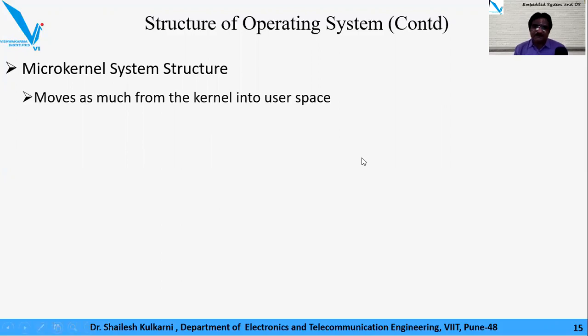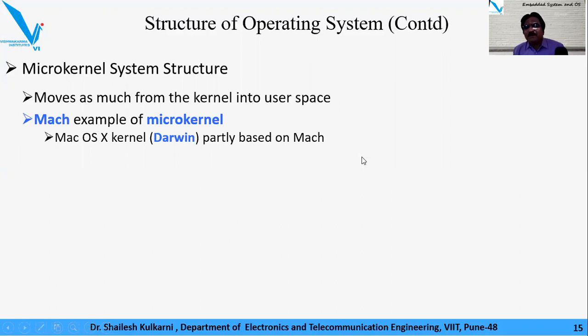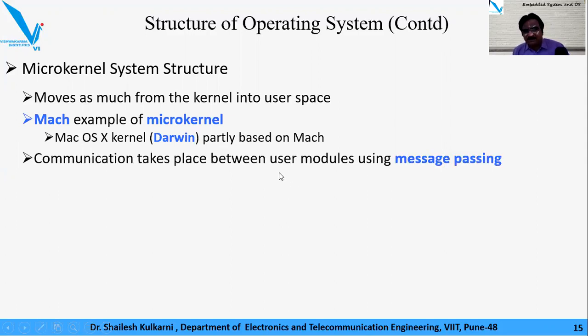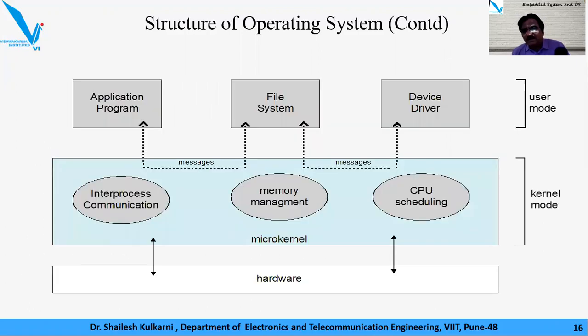Okay, fine. One example system is Mach, a microkernel, where the macOS kernel, which is called the Darwin kernel, is partly based on this Mach approach. As an example, we are discussing this. Communication among the user modules takes place primarily with the help of message passing. Now, what exactly it means, let me go a few slides further and explain it.